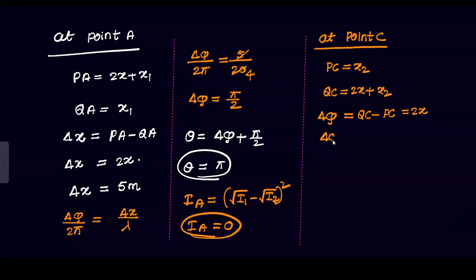So the delta x value is 5 meters. Sorry, this is delta x we got, not delta phi. Here the path difference we got.